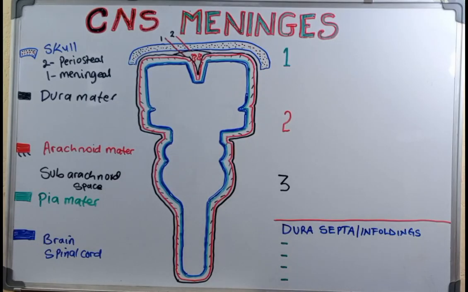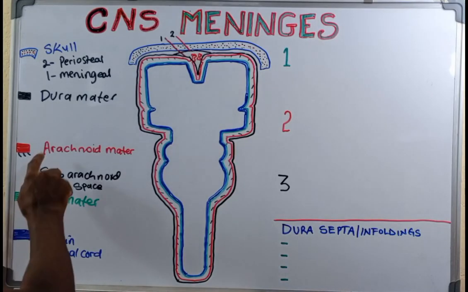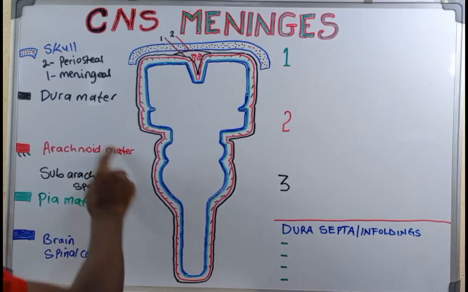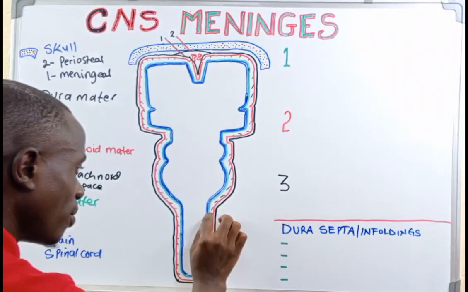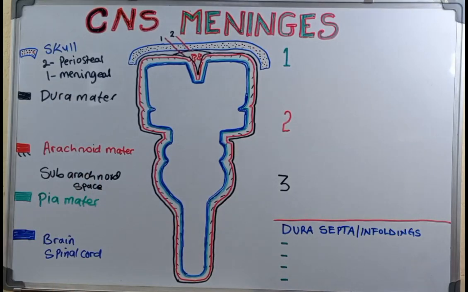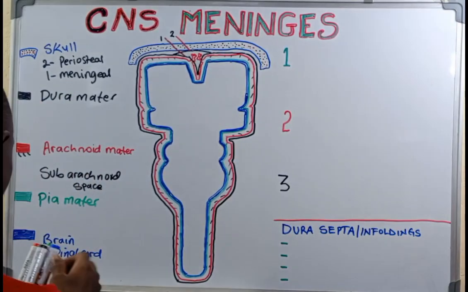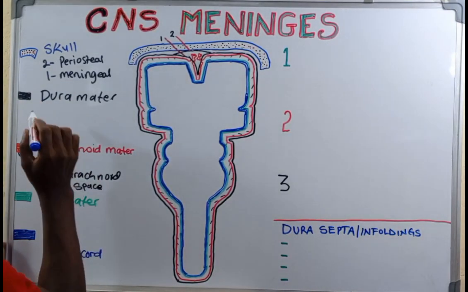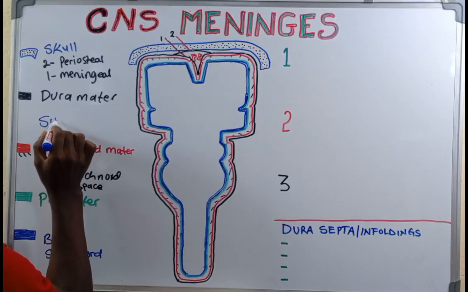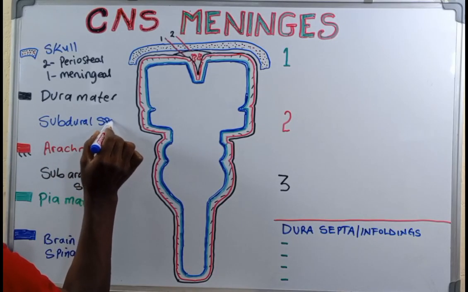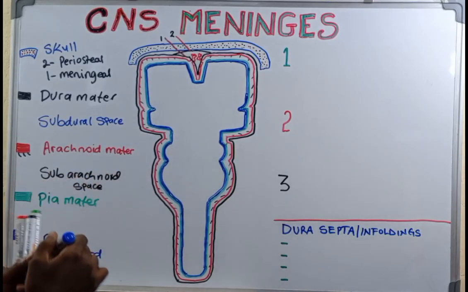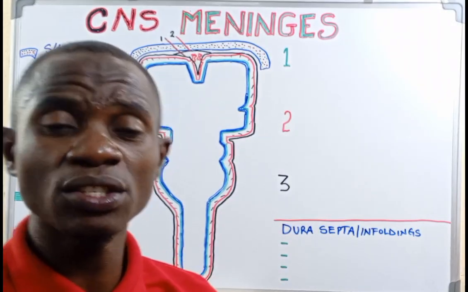Also, from the arachnoid mater to the dura mater, we have another space. What do we call that space? That space is what we call the subdural space. This subdural space is a potential space.